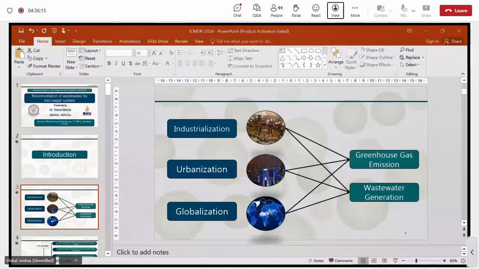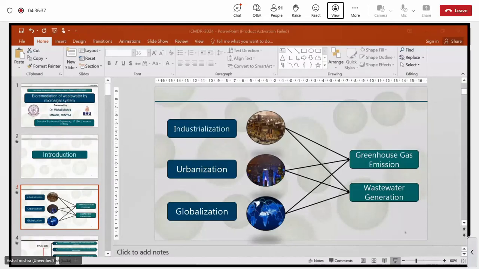Sorry to interrupt. Can you make the slide full screen? Oh, sure. Thank you. Now is it fine? I have made it full screen. Can you hear me? Sir, actually, we would like to have the slideshow.